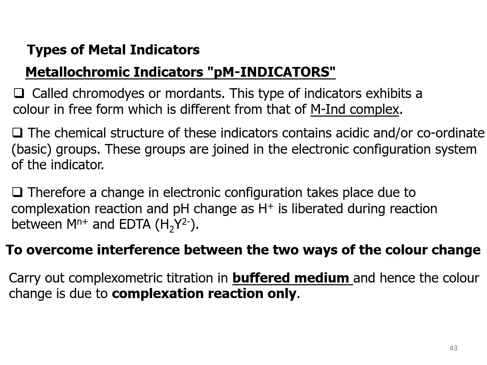Why? So it can consume the liberated hydrogen from the reaction of the central metal ion and EDTA. Thus, the change of color of the metallochromic indicator is only due to the end point, not due to the pH change.